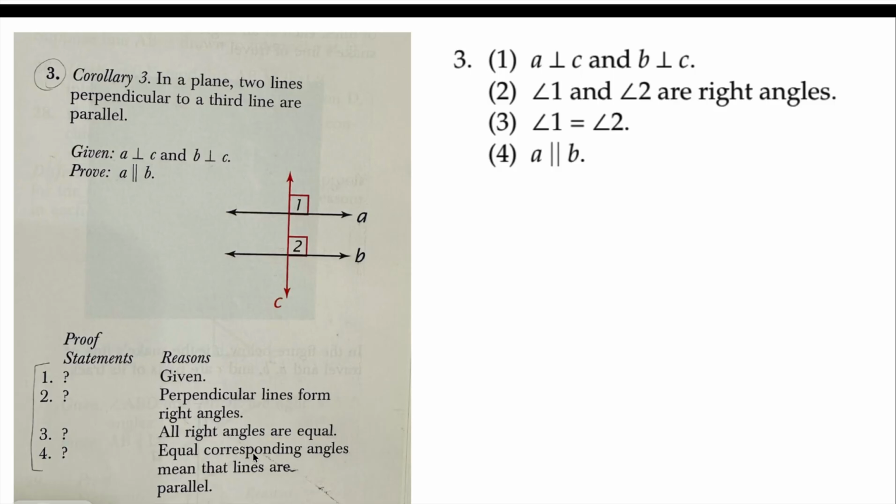Yes, equal corresponding angles mean that lines are parallel. They're corresponding because they are in the same place in reference to the transversal and the parallel lines. They are in the top right section, each of them. So they are corresponding and they are equal, so they are parallel. So 4, we'd write A is parallel to B.